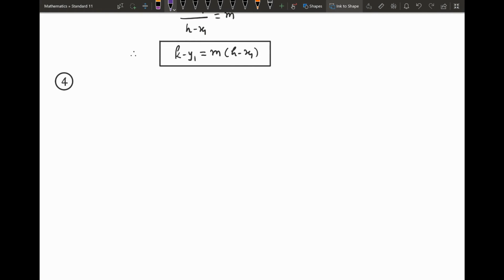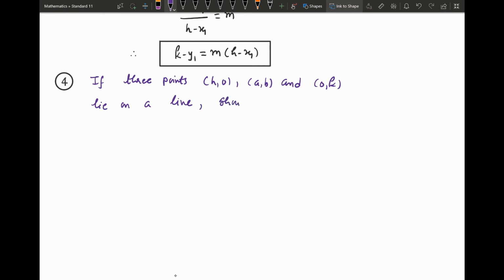Next example: if three points (h, 0), (a, b) and (0, k) lie on a line, show that a by h plus b by k equals 1.